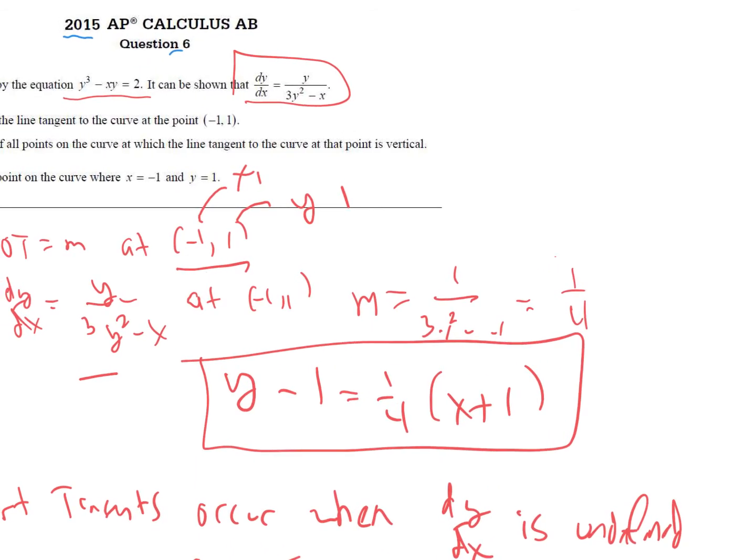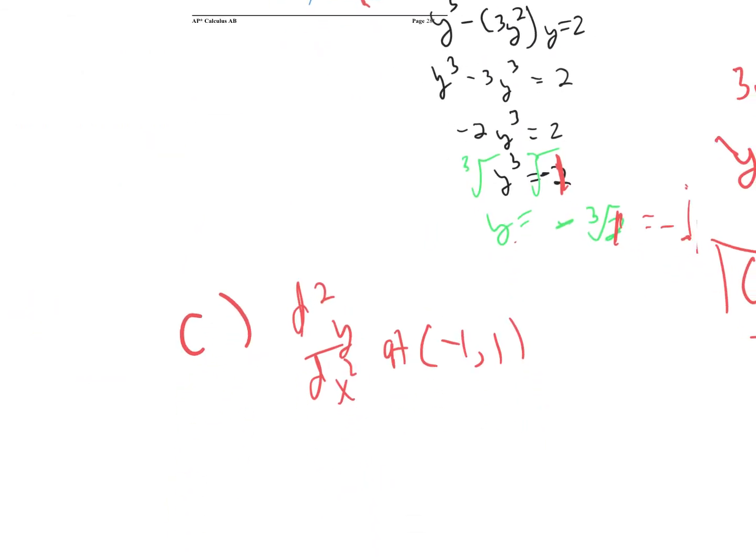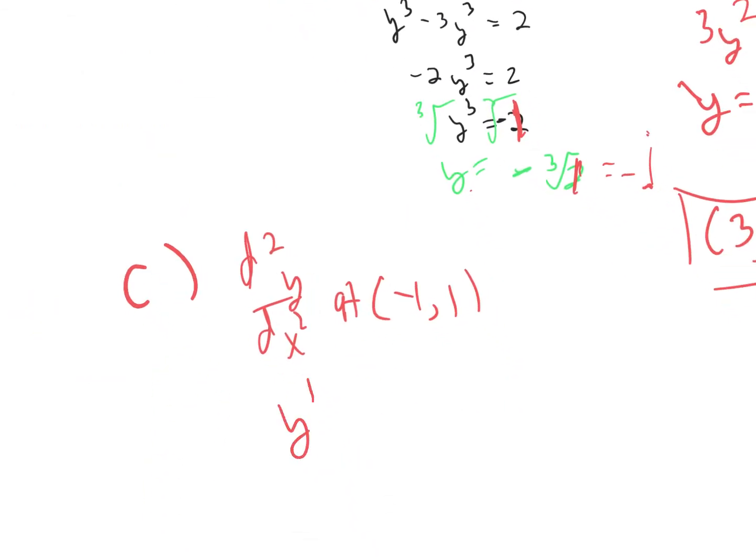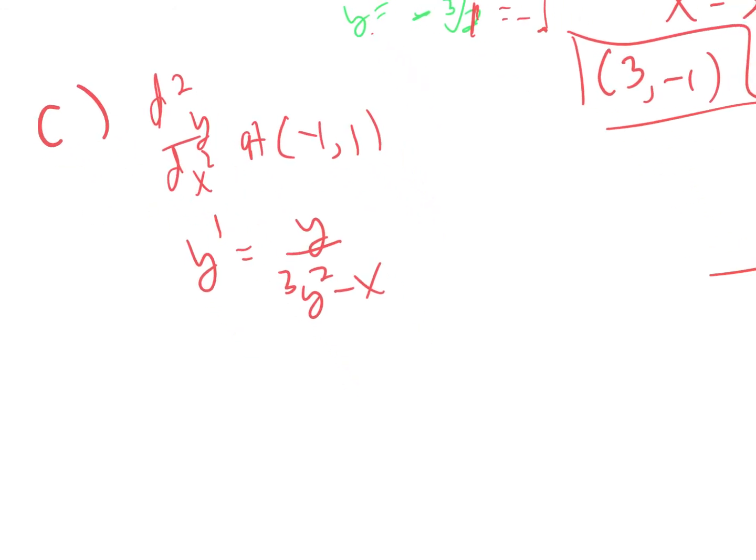It was y over 3y squared minus x. I'm going to call it y prime just to be easy. Y prime is y over 3y squared minus x. So the second derivative is going to have to use the quotient rule. So the bottom, 3y squared minus x, times the derivative of the top, which is y prime.